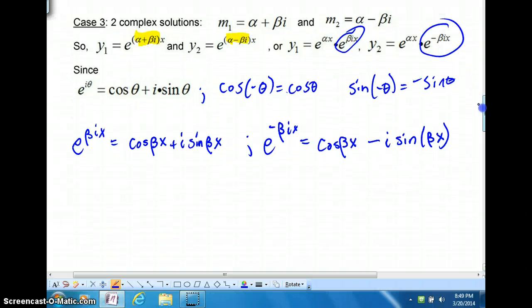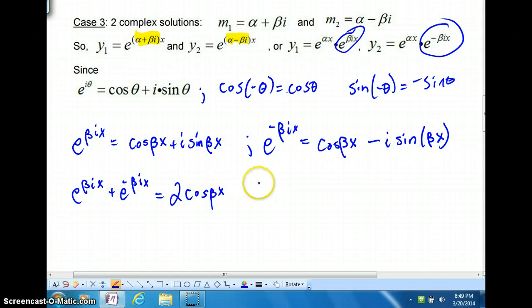What I want to do real quickly is pull two ideas together for you. e to the beta ix plus e to the opposite beta ix. Add these two quantities together, and you'd see that the imaginary components are going to cancel out, leaving us with 2 cosine of beta x. Why we're doing that hopefully will become clear in a moment. What else?